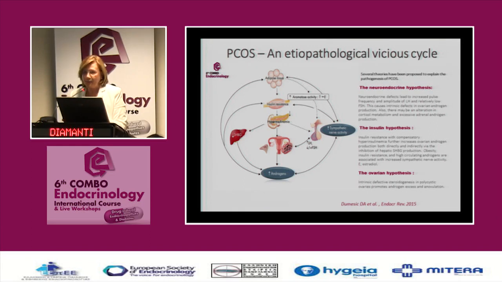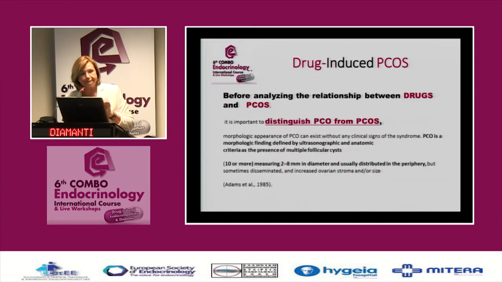The insulin hypothesis, which plays a central role causing insulin resistance, and then secondarily hyperinsulinemia acts on the ovary. And the third, the ovarian hypothesis: the ovary is stimulated by insulin, causing hyperandrogenemia, and insulin contributes to LH, early luteinization, and therefore anovulation.